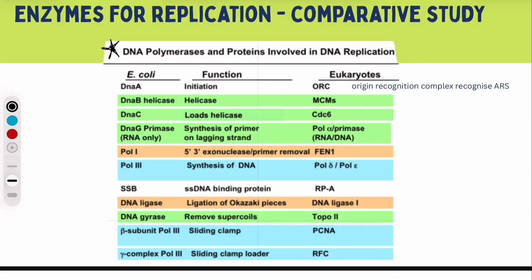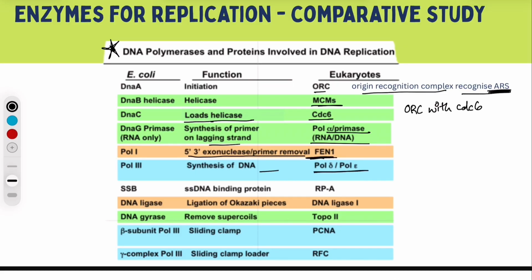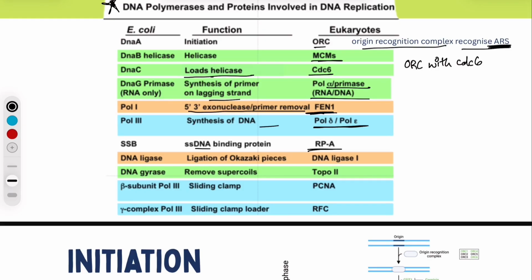Now the change in enzymes, the DNA polymerases and proteins involved in DNA replication of eukaryotes and prokaryotes, is a very important table where you can see the function of each and every enzyme. ORC is there for the origin, MCM is the eukaryotic helicase here, and CDC6, which is basically cell division cycle 6, loads the helicase, while pol alpha and primase are there for synthesis of the primer. FEN1 is the pol 1 equivalent here, and pol delta and pol epsilon are pol 3 here in eukaryotes.